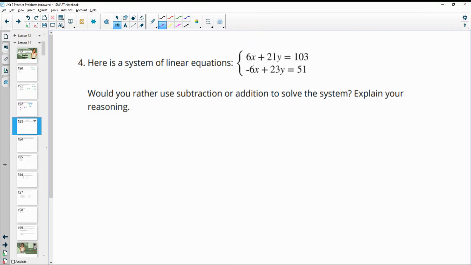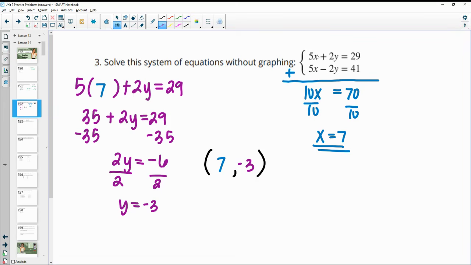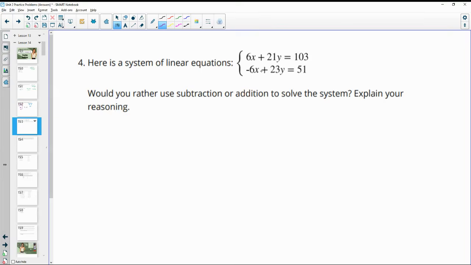Number 4, here's a system of linear equations. Would you rather use subtraction or addition to solve this? So in the last one, we had the same terms here, so we could have subtracted, and we had opposite terms here, so we could add. That's not the case here. Here we only have opposite terms, so we need to add the system in order to solve it.